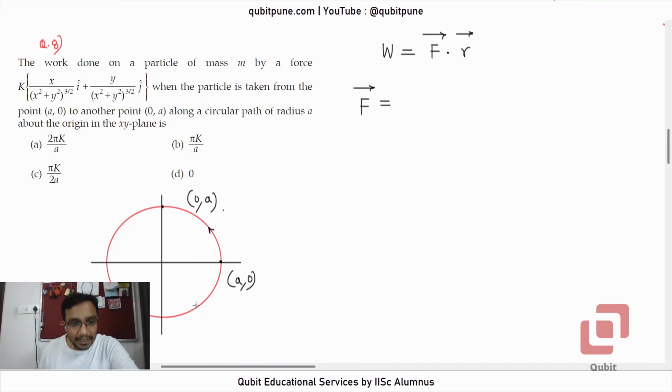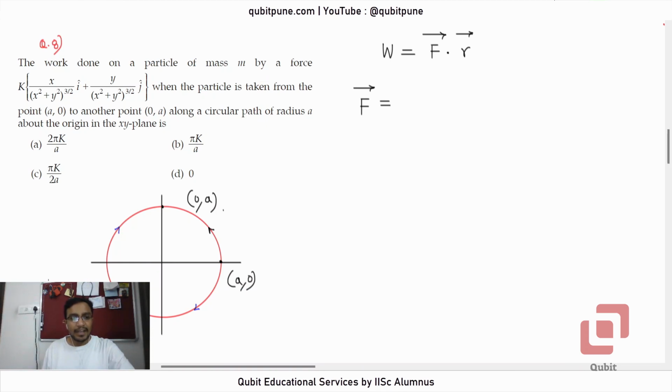The same value I should get if I take it from the x-axis, through the fourth quadrant, negative y-axis, third quadrant, negative x-axis, second quadrant, and then the positive y-axis. So the work done is independent of path. You got it.